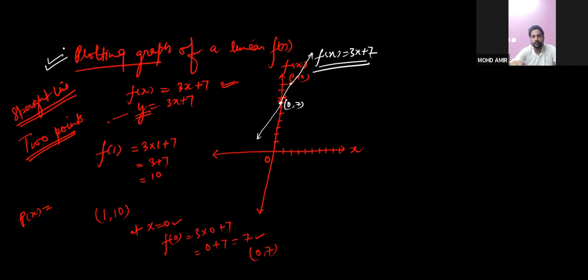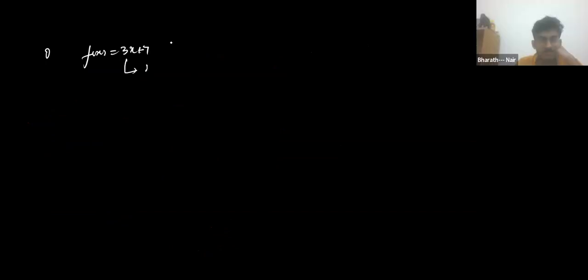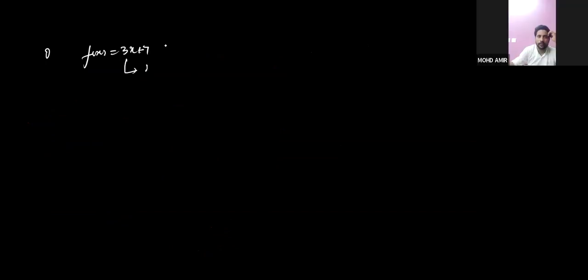We can move. Now we will be using the same function, f(x) = 3x + 7. So we know that this is the slope. 3 is the slope, and 7 is our y intercept.